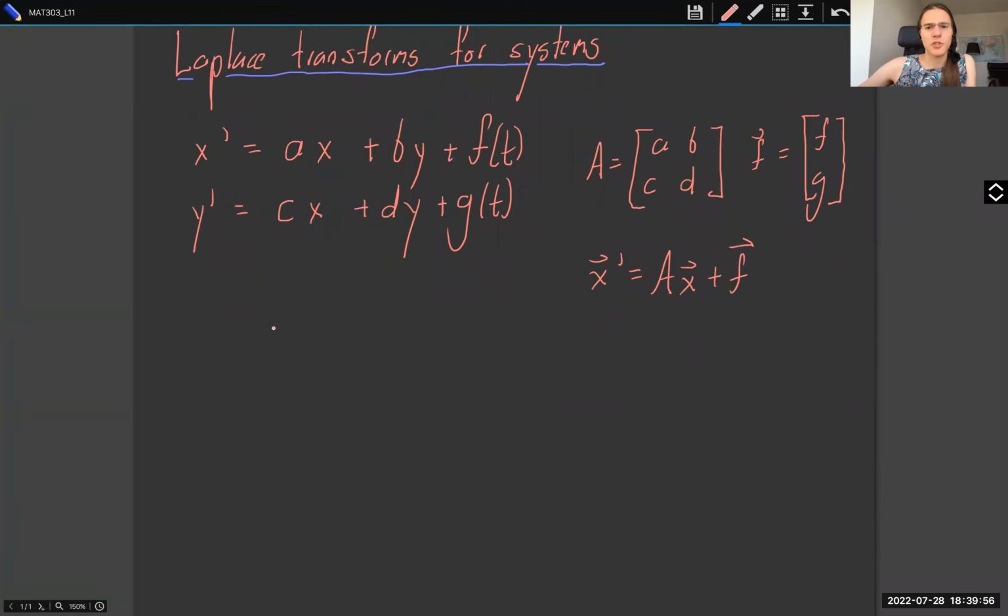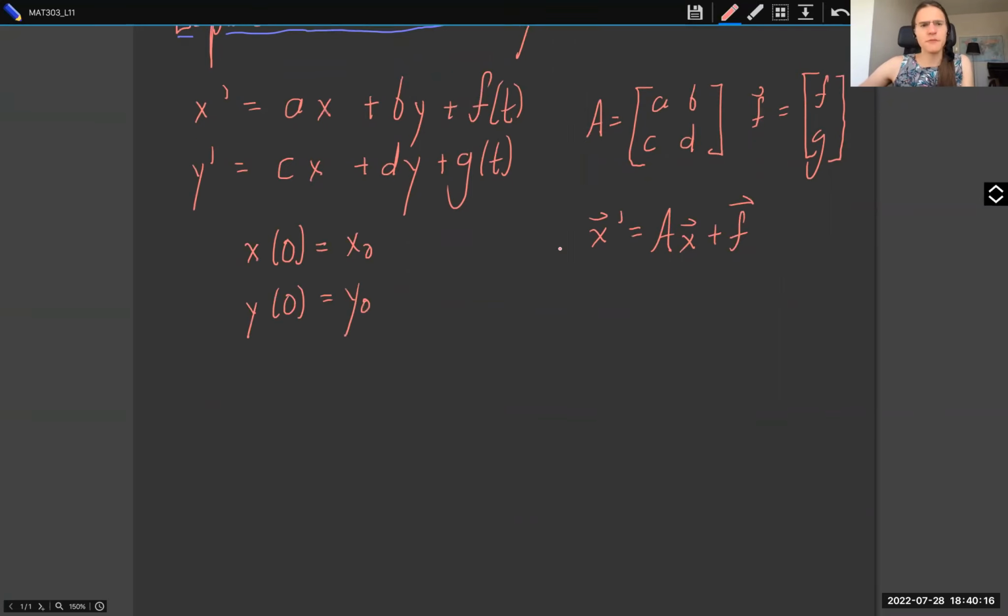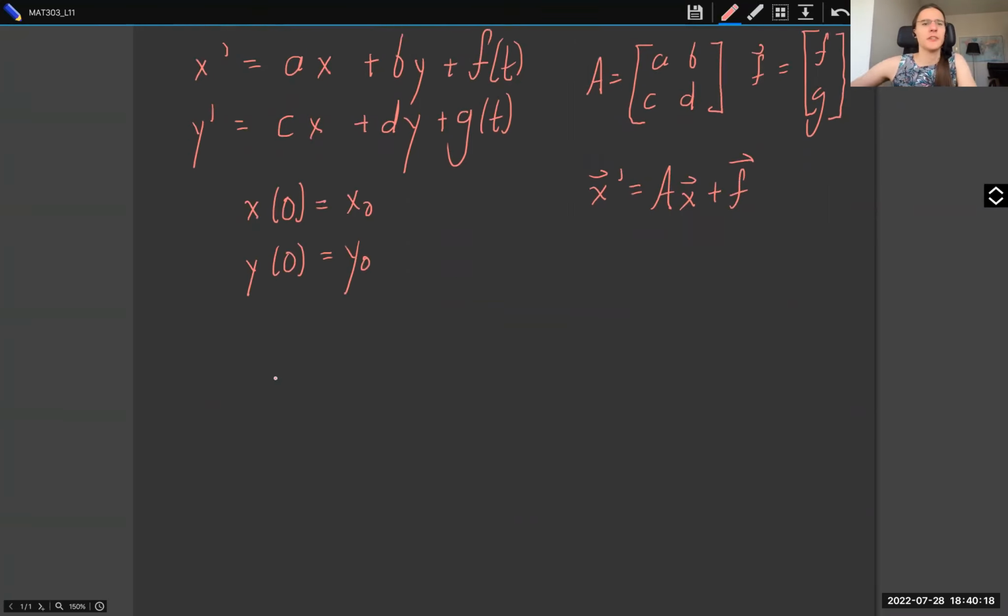So let's take a Laplace transform of everything in sight. We're going to give it some initial conditions. This is a first order system, so we'll say that x of 0 is equal to x naught, and y of 0 is equal to y naught, because for Laplace transforms, we need initial conditions.